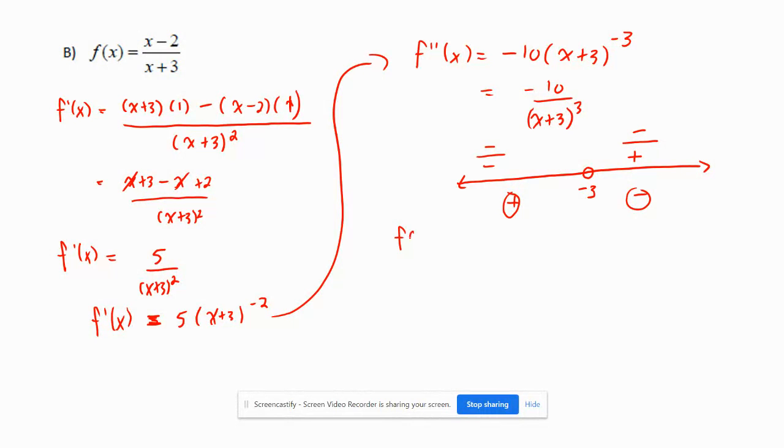So that means f of x is concave down on negative infinity to negative 3. F of x, oops, I messed it up.